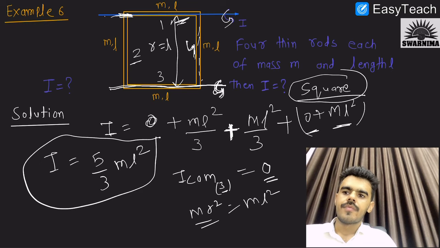So this is L distance far from the axis about which the moment of inertia is asked.